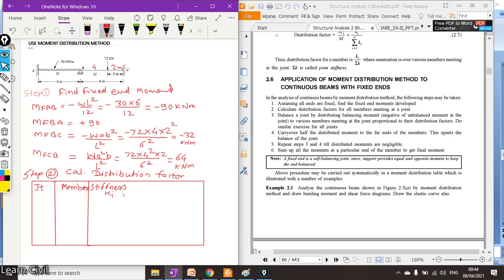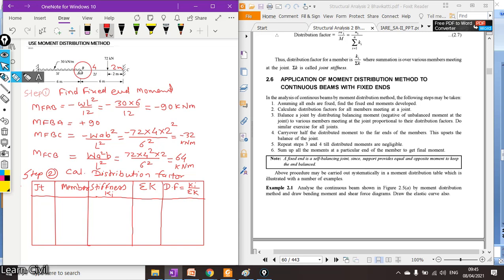The fourth column is the summation of all stiffness, and the final column is the distribution factor, which is equal to Ki divided by summation K, that is, the ratio of column number 3 and column number 4.